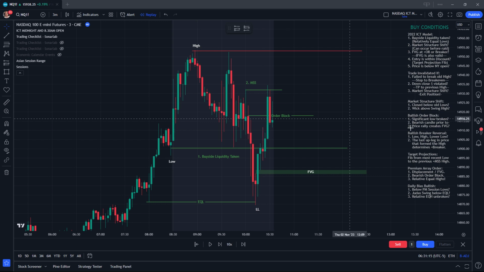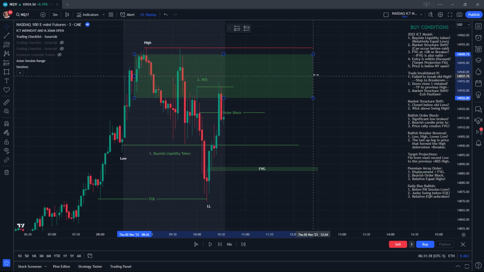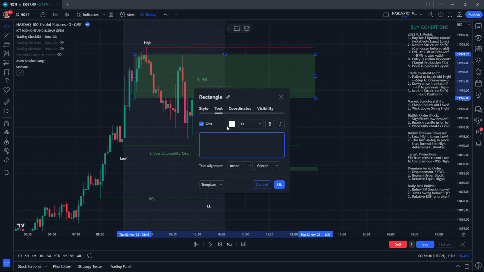And then we need the last up leg in price delivery that formed the high of this pattern. So that would be the last up leg in price delivery. That would be here. And we're going to just highlight this and mark that as a bullish breaker.